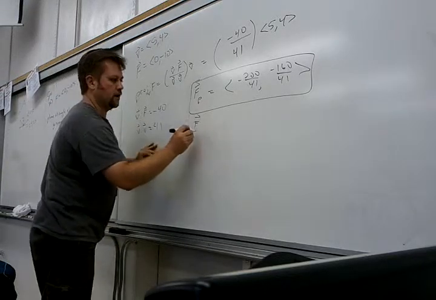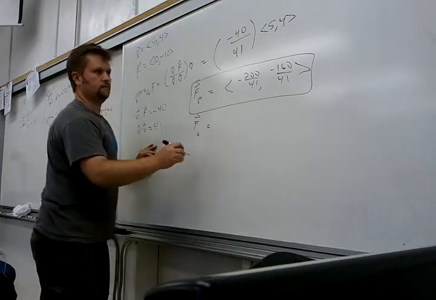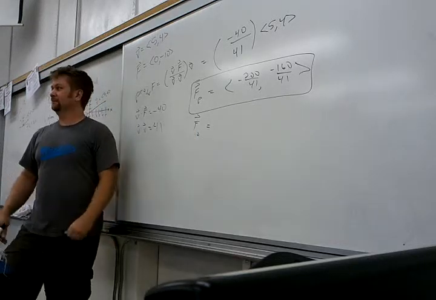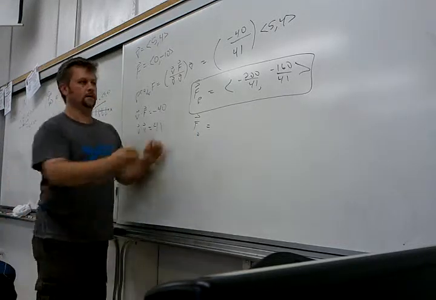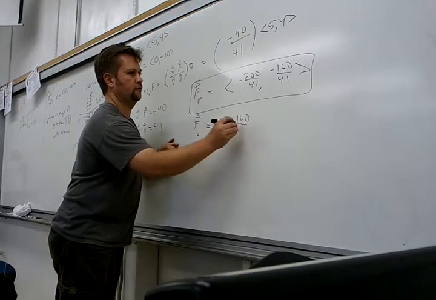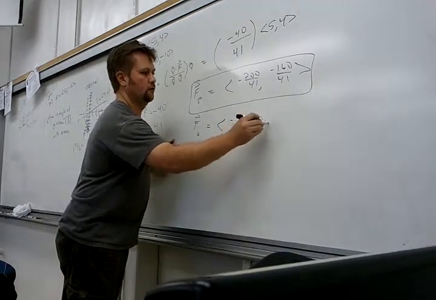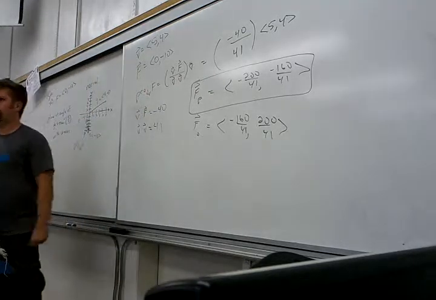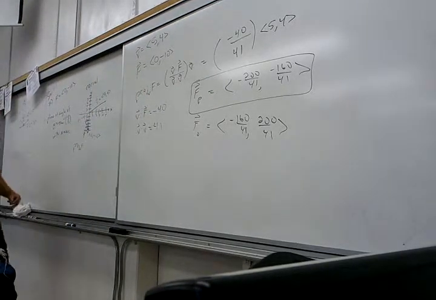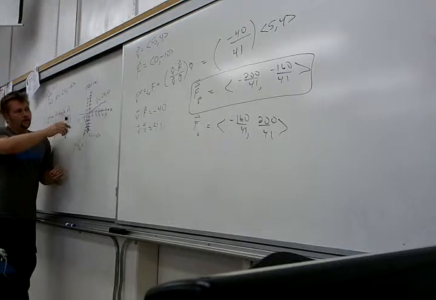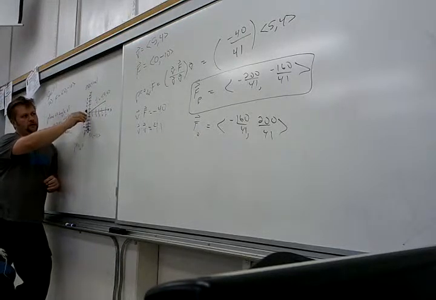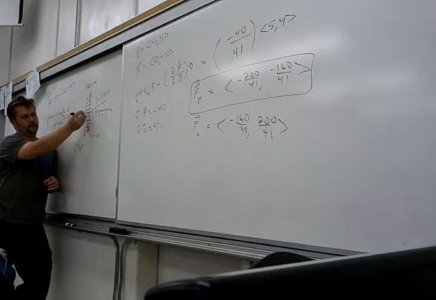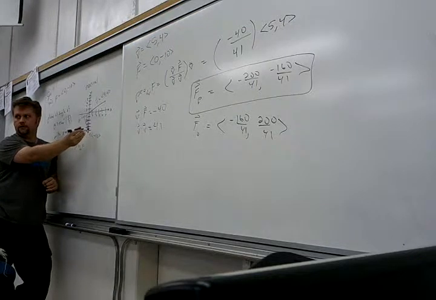What's the part that's orthogonal to the V? Going to be negative 160 to 100. Yeah, all right. You could do negative 160 over 41, 200 over 41. And actually, to be a little more careful, orthogonal to V should be like this, right?